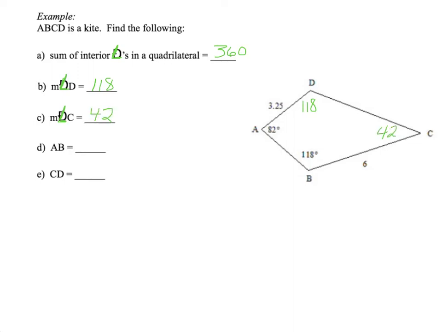Next, for segment AB, AB is this one right here. I know that there are two pairs of congruent consecutive sides in a kite. So the one that would be congruent to AB would be AD, and AD is 3.25. Lastly, CD and CB are going to be another pair of congruent consecutive sides, so that means CD should also be 6.